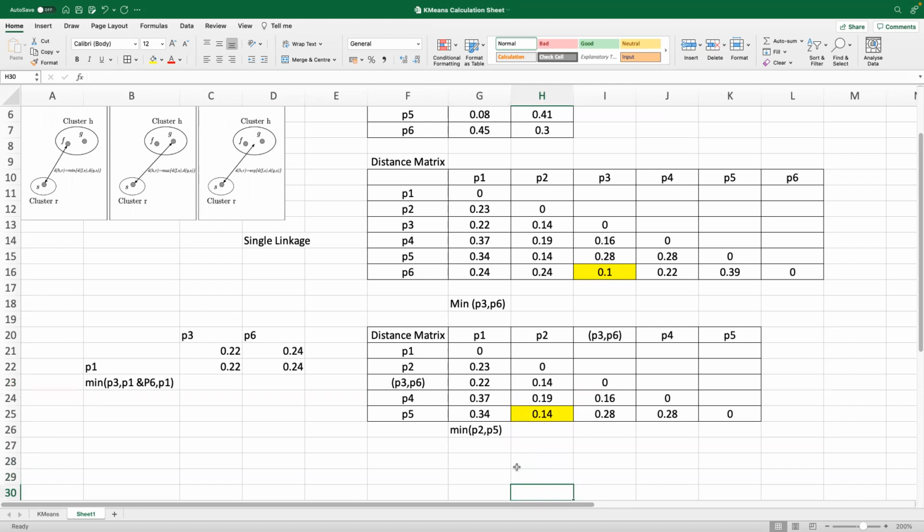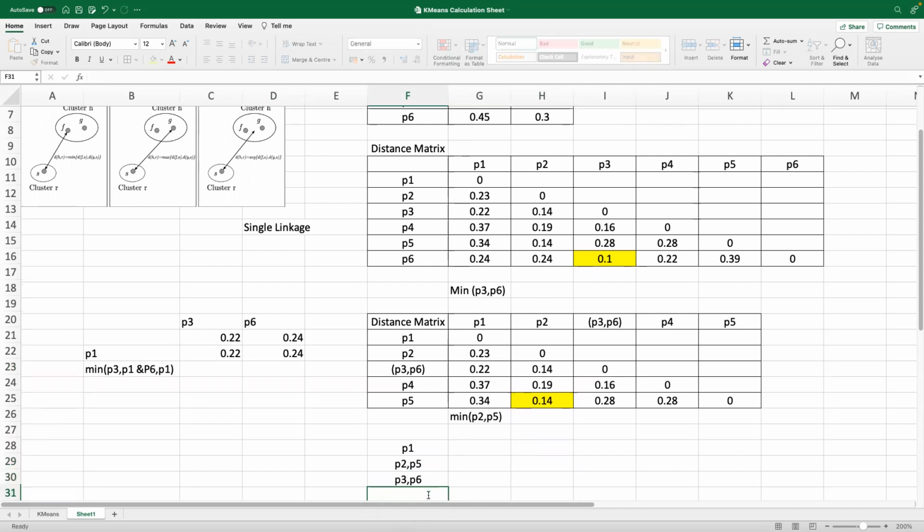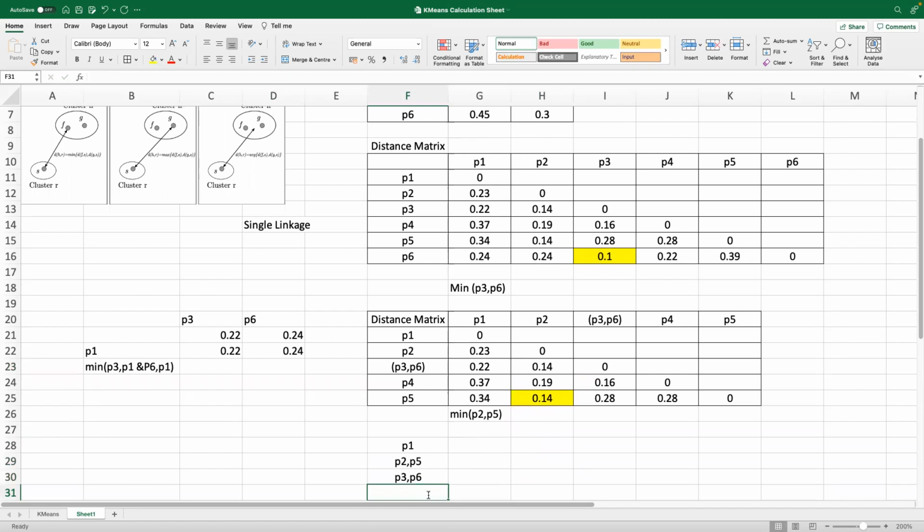Now we will create a new matrix where P1, P2, comma P5, P3, comma P6, and then P4.